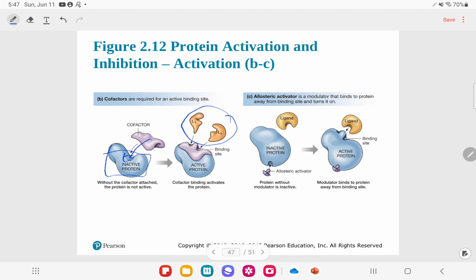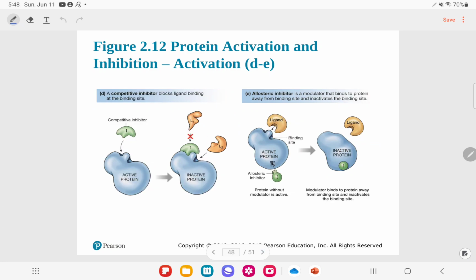So allosteric activators are modulators that bind to a protein away from the binding site. They bind elsewhere other than the binding site. What happens is they bind to that protein and change the conformation, the shape of the protein, thus changing that binding site shape. And now that ligand sometimes can't bind in there anymore.